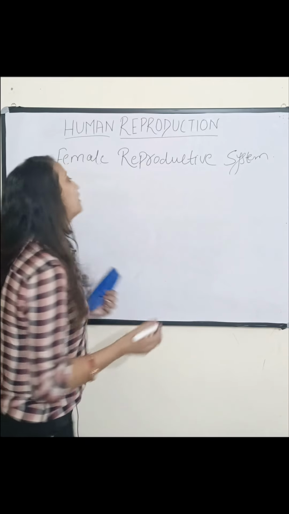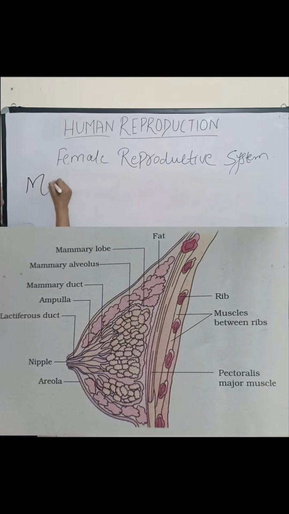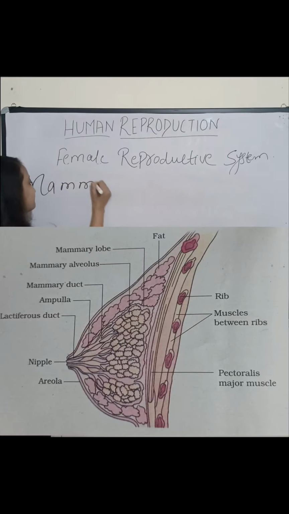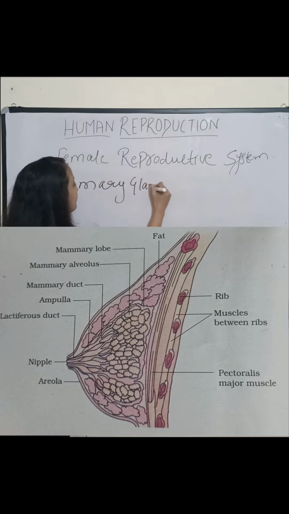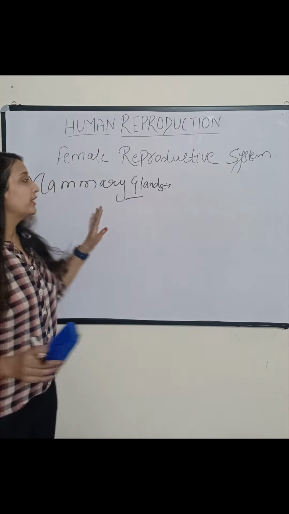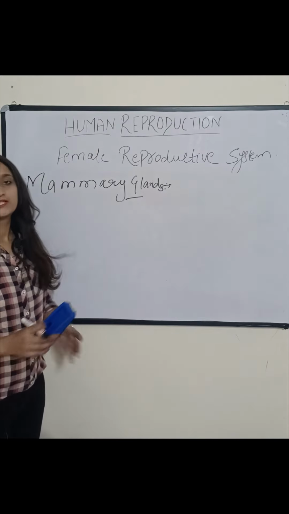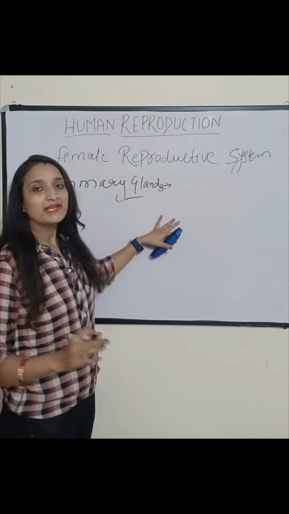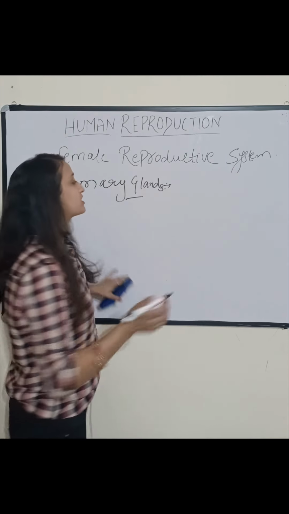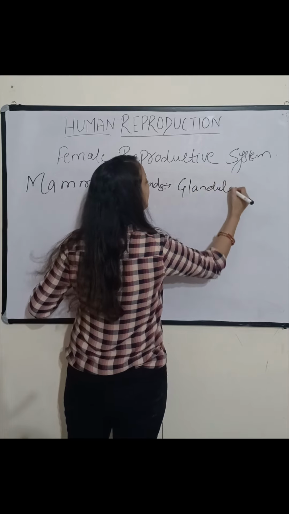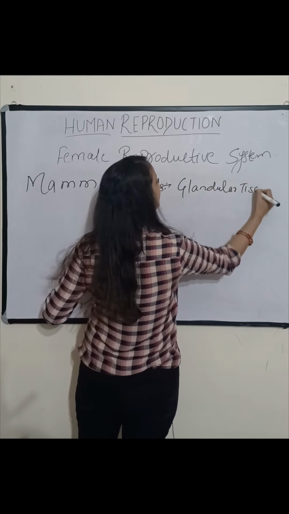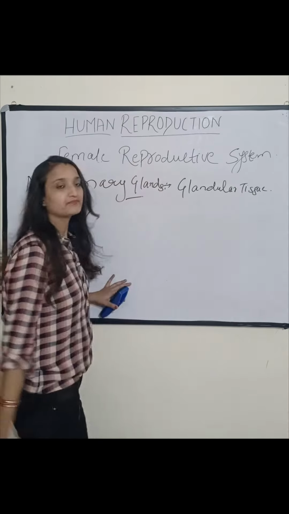Now, mammary glands. Mammary glands are paired structures of glandular tissue and a variable amount of fat.